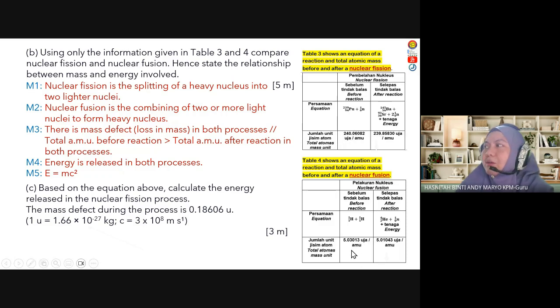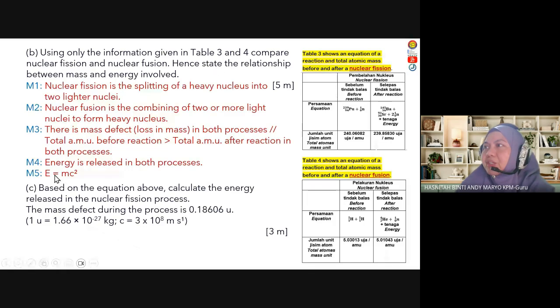This one also, before is bigger, 5.03, after 5.01. Then the fourth comparison, both processes release energy, and the energy can be calculated using this equation. This is the relationship between mass and energy involved.